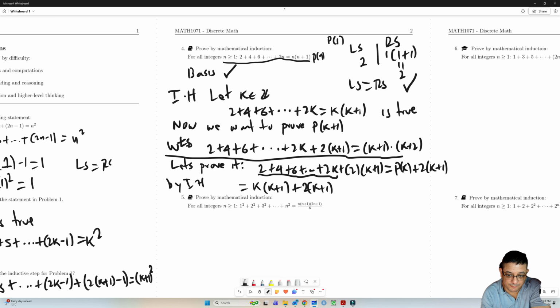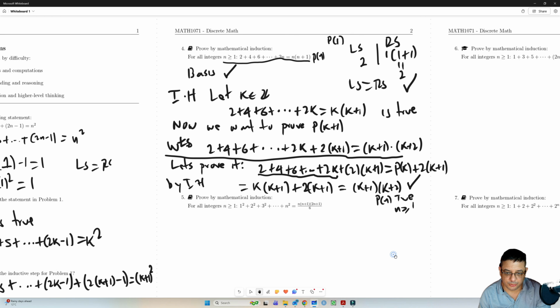We can factor k plus 1 out, and we get (k plus 1) times (k plus 2). And so we got what we wanted. I don't have the space to write this here, but you should write it when you have a chance: by the method of induction, P of n is true for n bigger than or equal to 1.